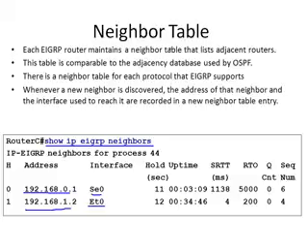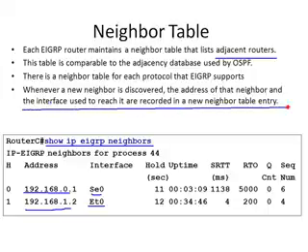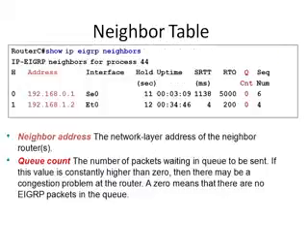Each EIGRP router maintains a neighbor table of adjacent routers. Whenever a new neighbor is discovered, the address of that neighbor and the interface used to reach it are recorded in the neighbor table entry. There are so many options available here, like neighbor address and queue count, the number of packets waiting in the queue to be sent.